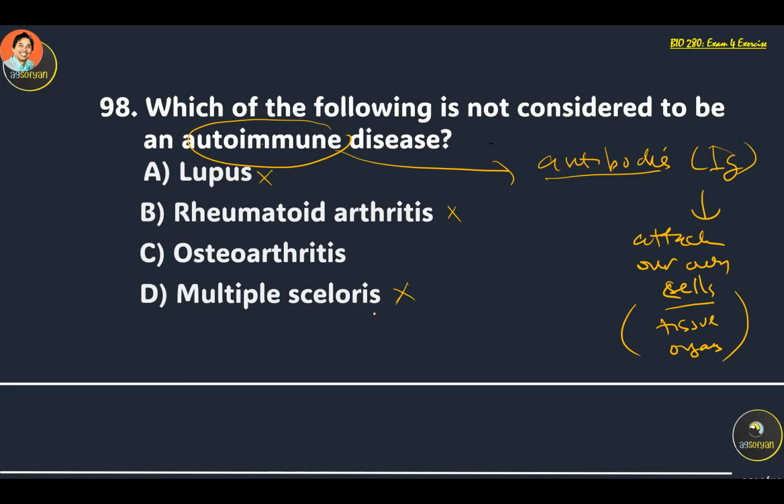Osteoarthritis is not an autoimmune disease. It is just a problem with the joint where the cartilage of the joints becomes rigid, becomes bony, so it's difficult to move. Usually old people will have this.